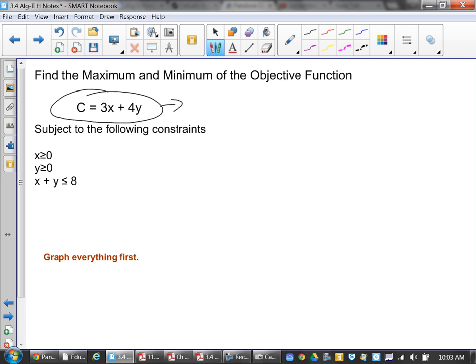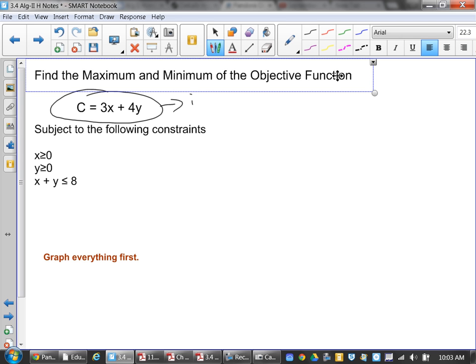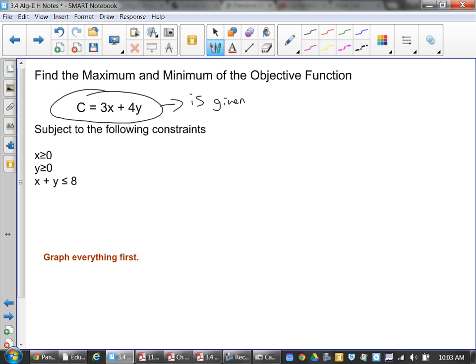This is your given. For right now, this objective function, what you're trying to do, is going to be given to you. When we start to build into more of the word problems tomorrow, you'll develop your objective.